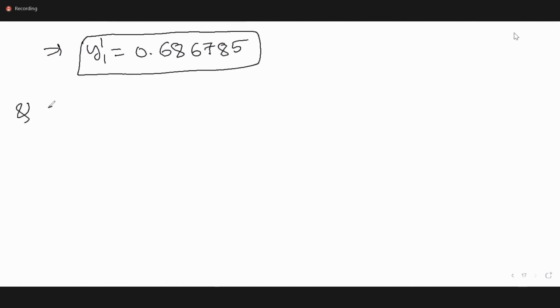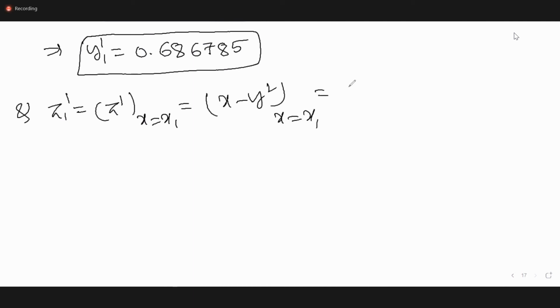And z1 dash is equal to z dash at x is equal to x1. z dash is x minus y square at x is equal to x1, so x1 minus y1 square. x1 is 0.1, y1 square is 2.08491 whole square.